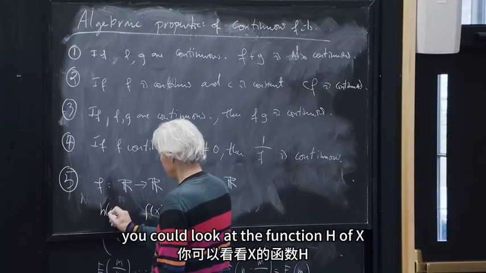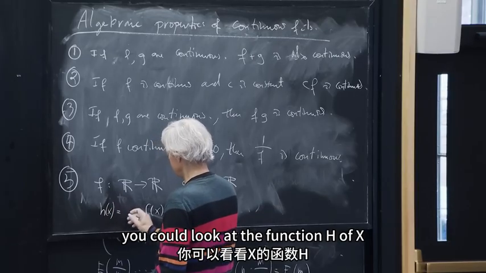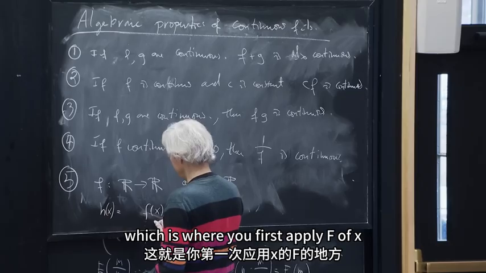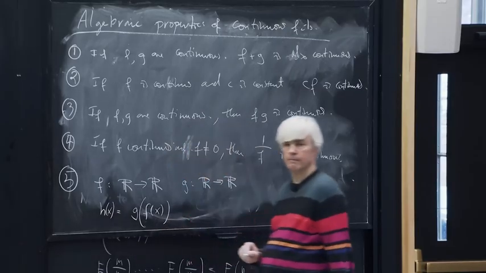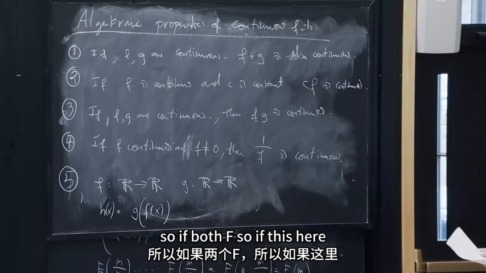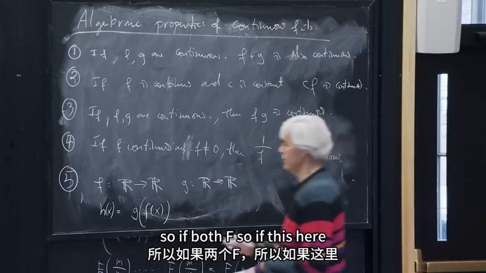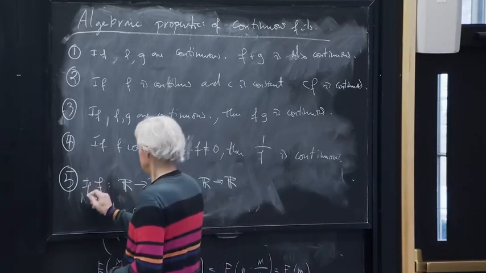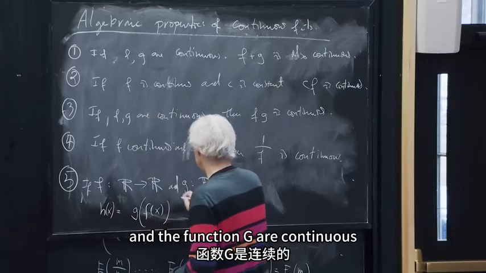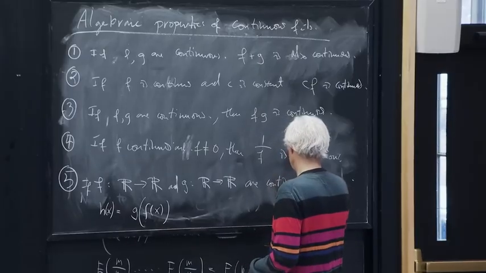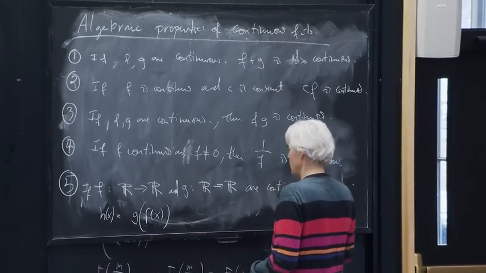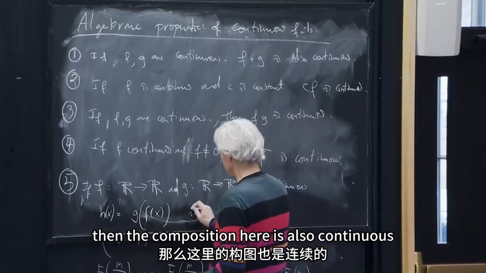So you could look at the function h of x, where you first apply f to x, and then you apply g to it. So if both f and the function g are continuous, then the composition here is also continuous.